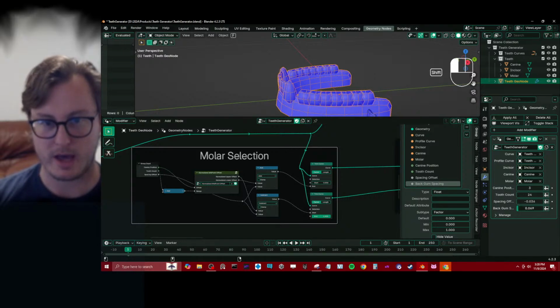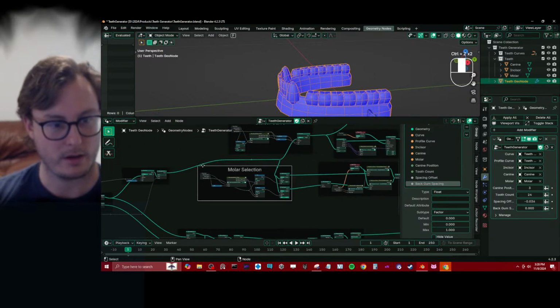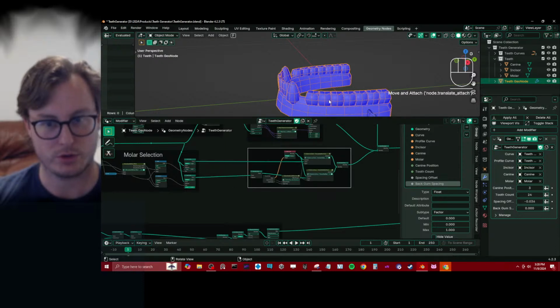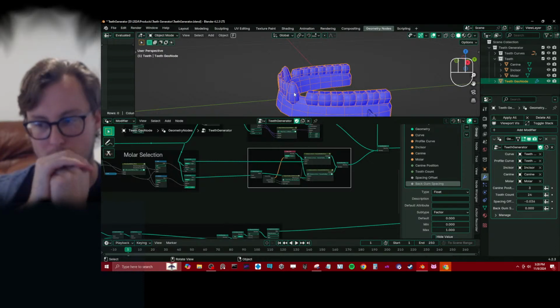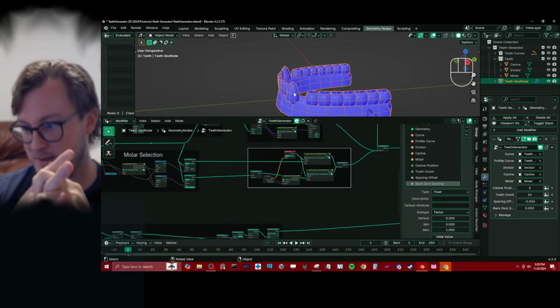We can adjust the back spacing. Honestly, I don't want to be doing that there. I would rather just push the molars forward. Keep the canines in the exact same position.